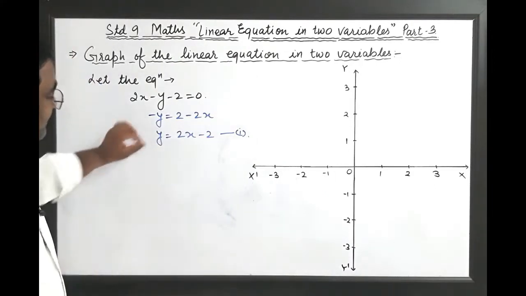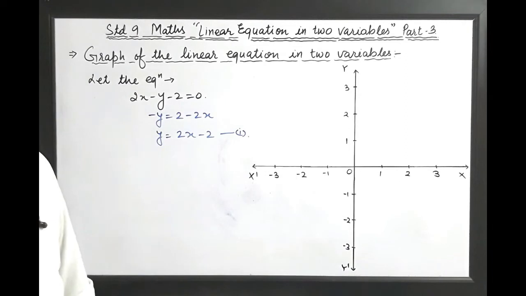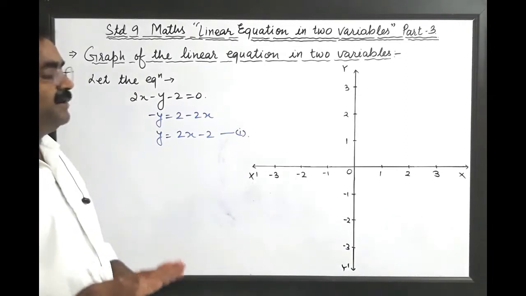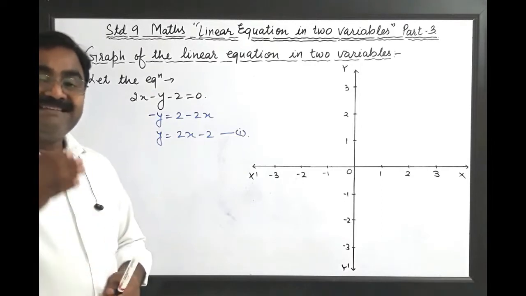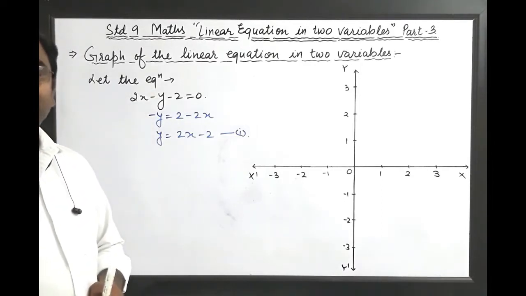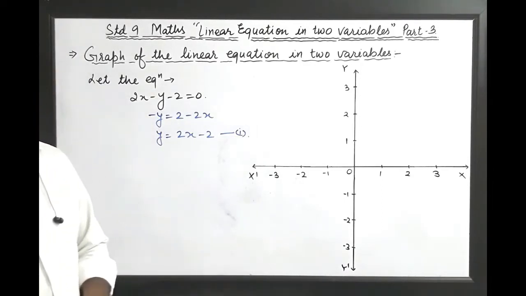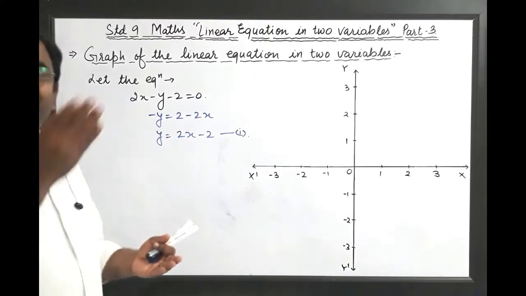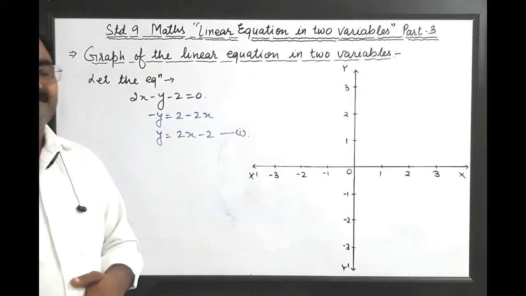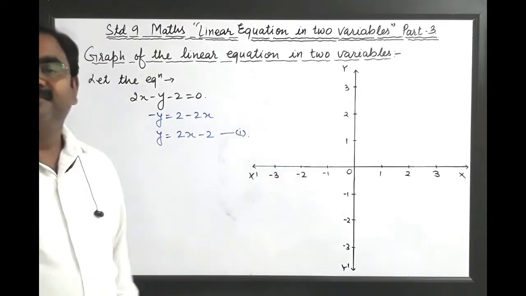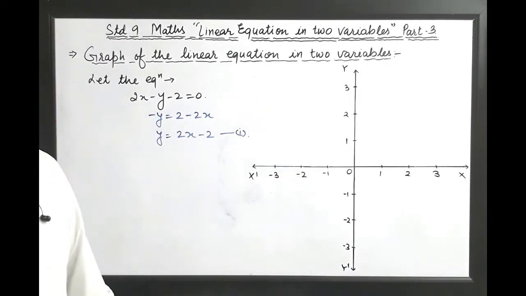Now you got y is equals to 2x minus 2. अभी हम क्या करेंगे? इस इक्वेशंस के at least 2 solutions we have to find out. Then after getting the ordered pair, means the solution of this equation, we plot the graph on the Cartesian plane.